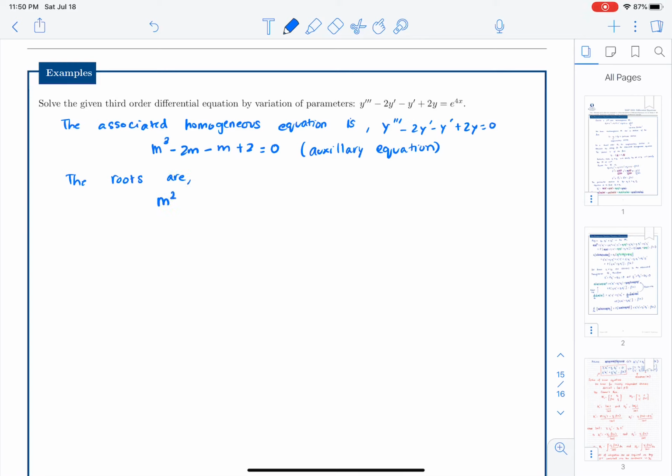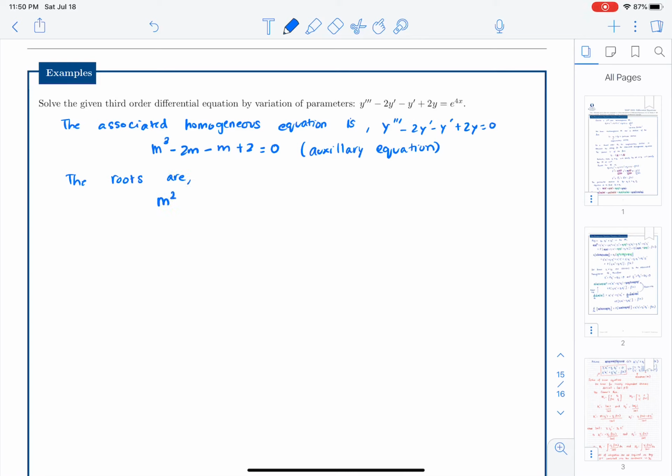E raised 2x times minus 6, minus 2 and plus 2. So we have minus 6 e raised 2x. If we have identical terms in the rows or columns, we could simply pull them out like I did, and things become pretty straightforward.